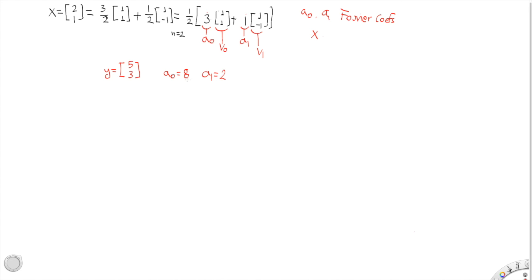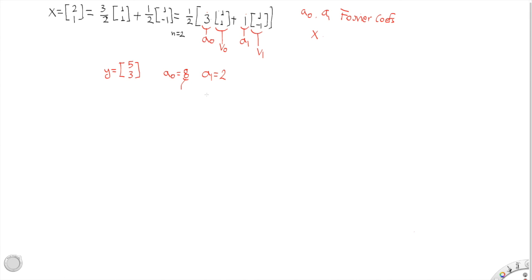Now, the meaning of these numbers is this: this is how much the frequency (1, 1), which is the zero oscillations, is contained in your signal (5, 3), or how similar your signal is to a constant signal. And this number here is telling you how similar your signal is to a signal that oscillates once, which means the (1, -1) signal.